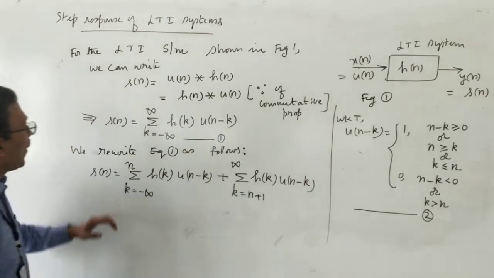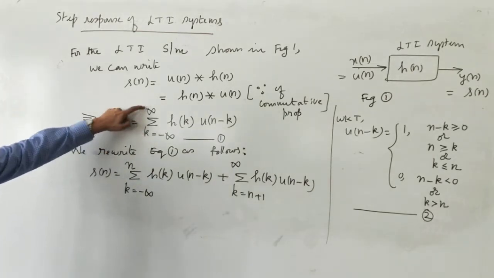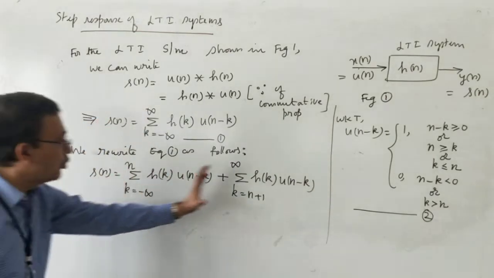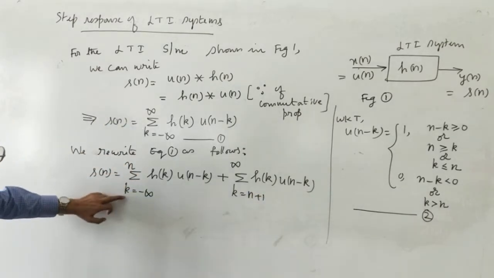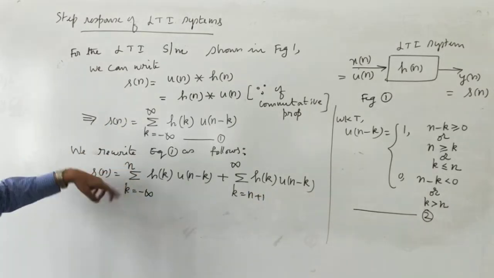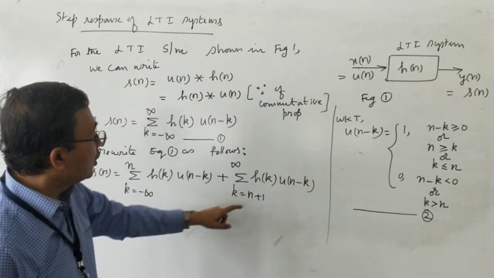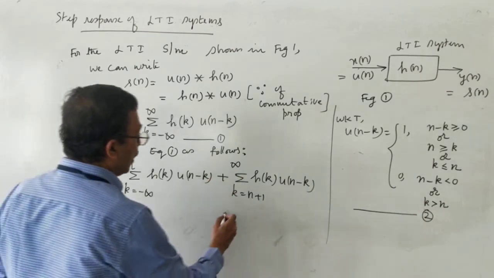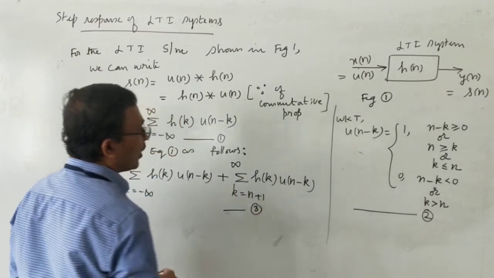What I have done is that the summation from minus infinity to plus infinity is split into two summations. First summation runs from minus infinity to n. Second summation runs from n plus 1 to infinity, which I call equation 3.